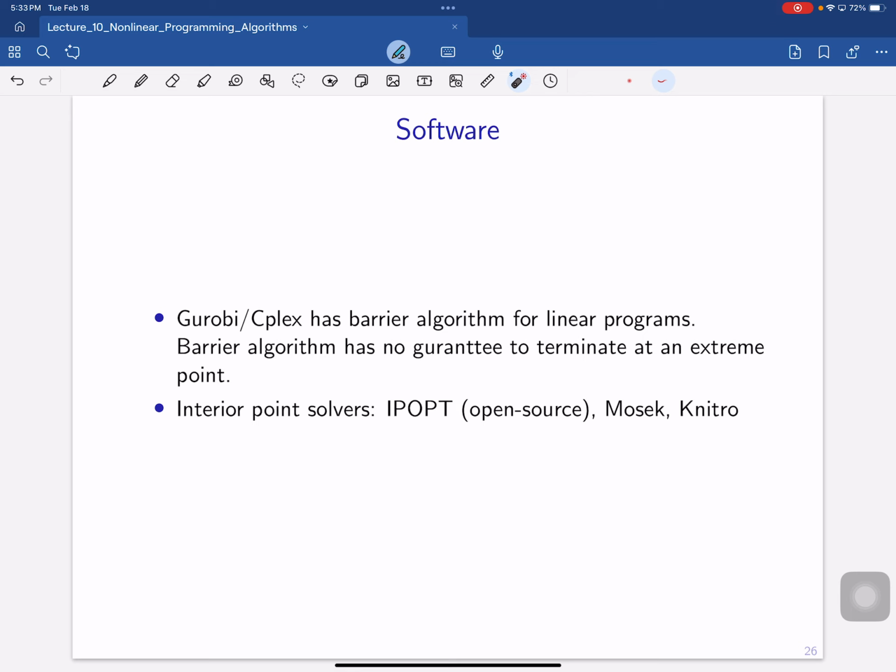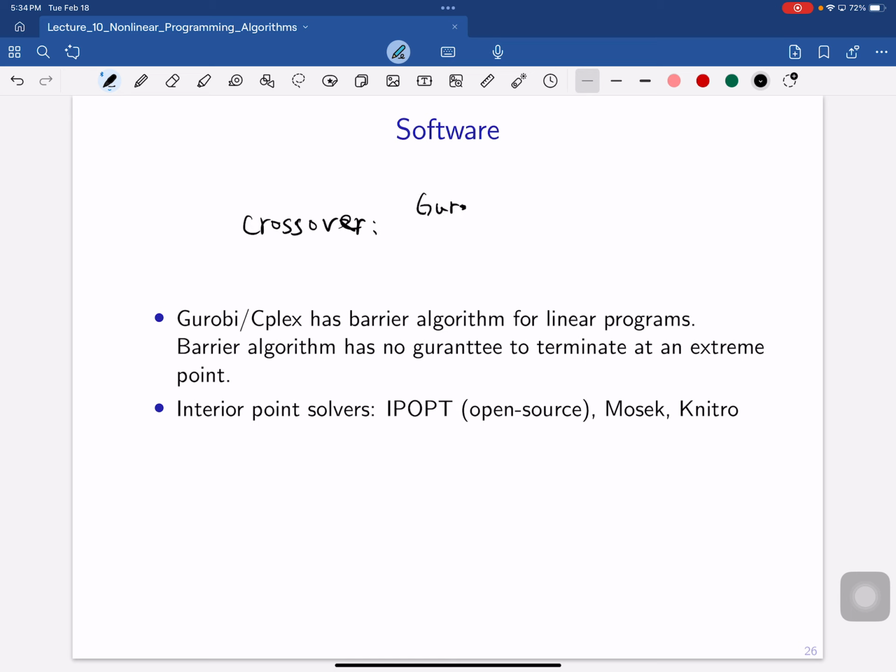Yeah, and then in Gurobi, there is also an option called crossover. Right. So in practice, you may see this in the solvers. The idea of crossover is the following.